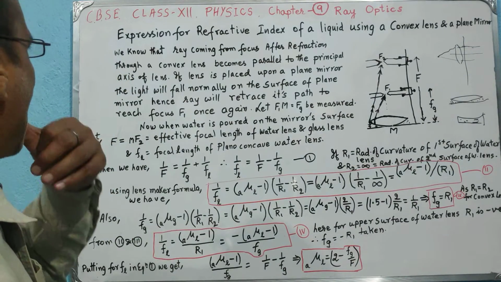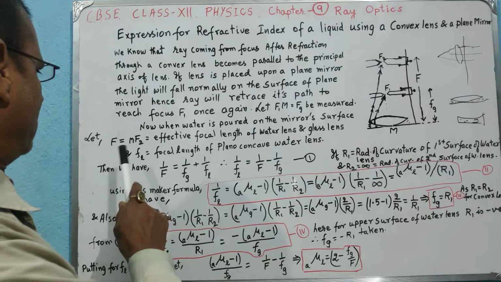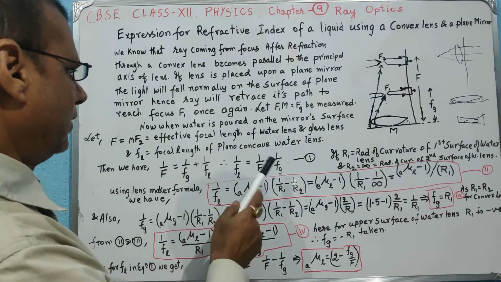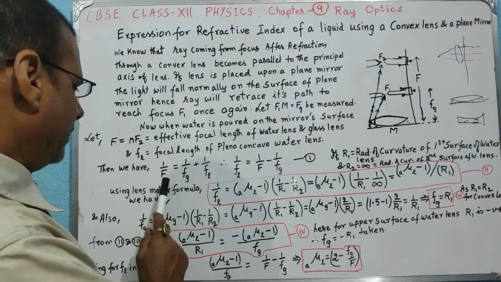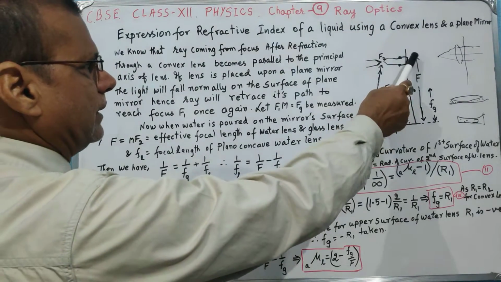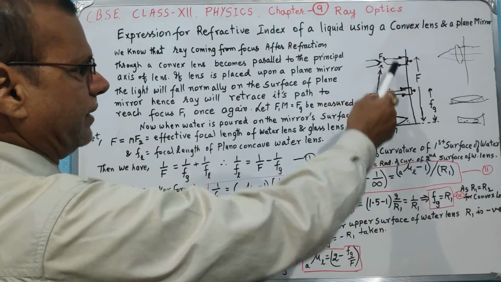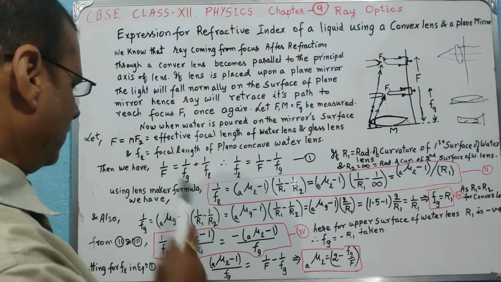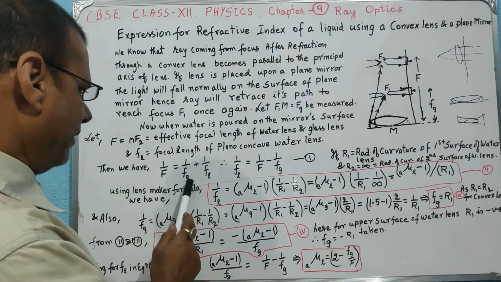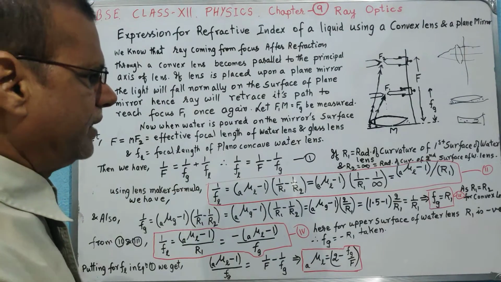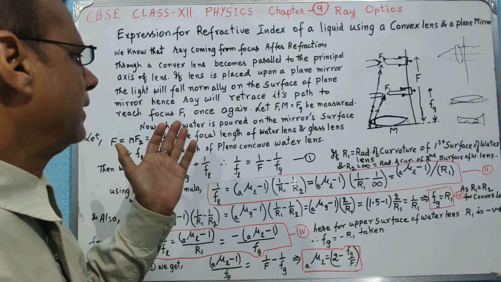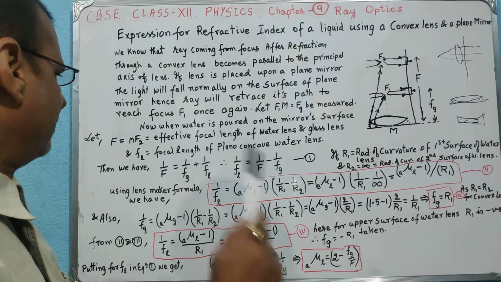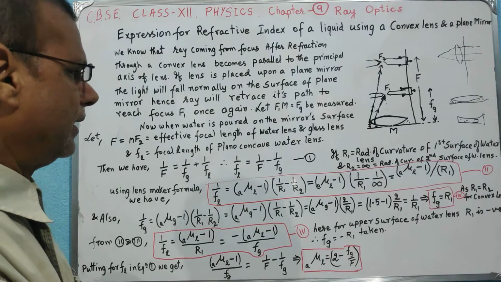Here we have a combination of two lenses, so the combined focal length, this is the distance of the mirror, the focal length f of the combination of two lenses: 1/f will be equal to 1/fg plus 1/fl, where fg is the focal length of the glass convex lens and fl is the focal length of the water lens.